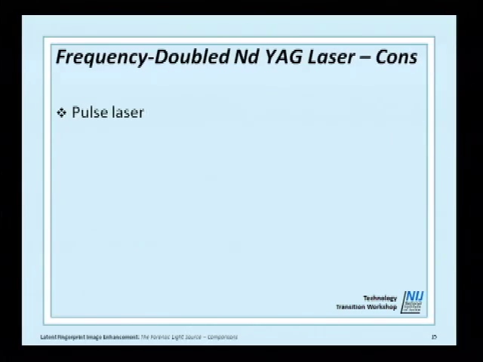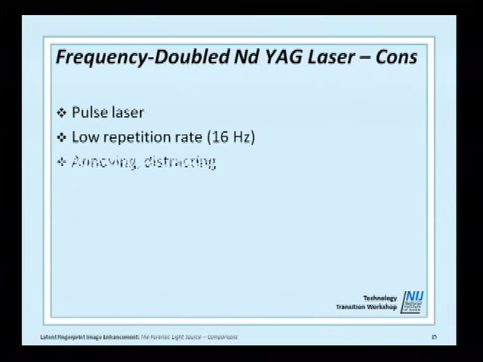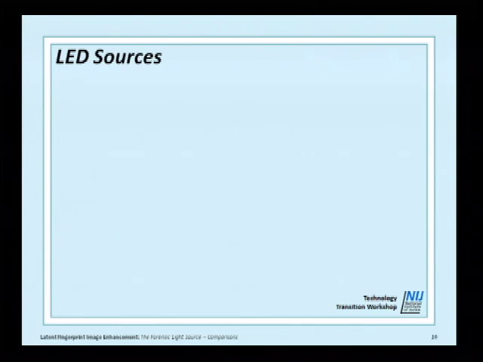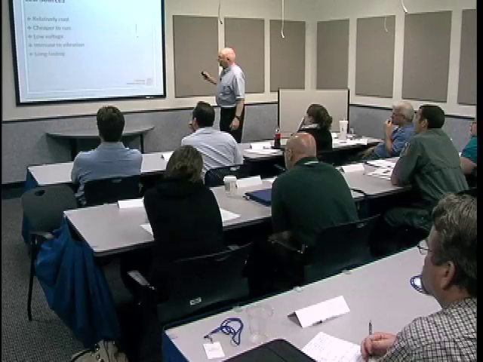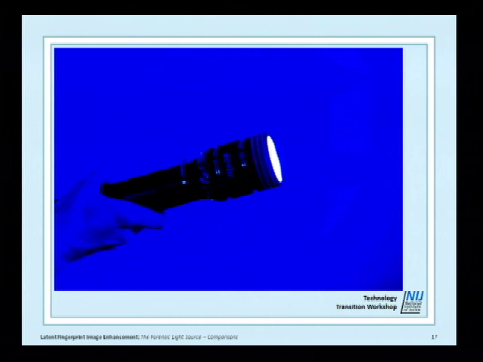So what are the cons? It's a pulse laser. The repetition rate got better, which was annoying and distracting. But it's cool, cheaper to run, low voltage, and immune to vibration. Very long lasting. We had the development of the LEDs.